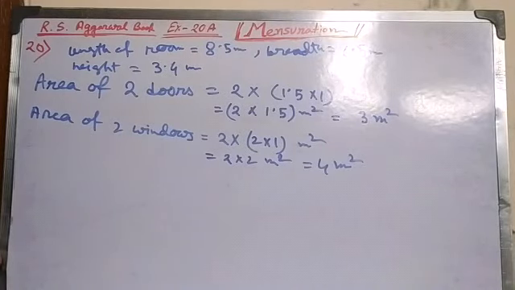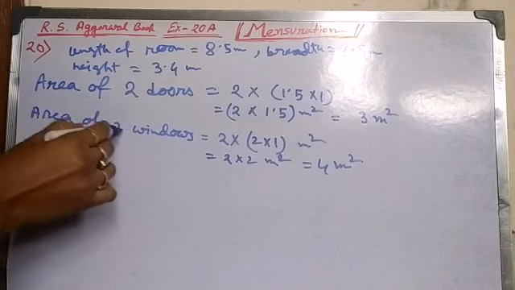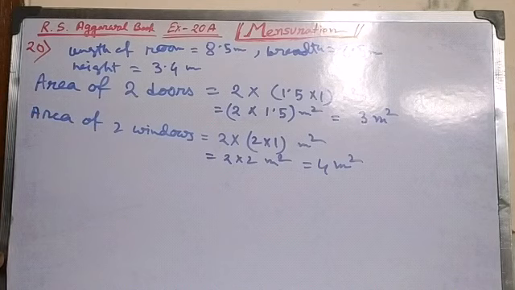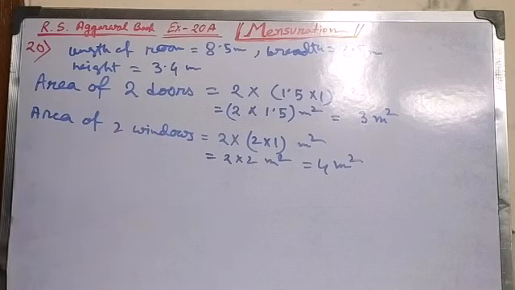Now find the cost of painting its 4 walls at rupees 160 per meter square. When we find out the area of the 4 walls, then from the area of 4 walls, the 2 doors area and 2 windows area will be deducted, because that is the empty space. That door space and window space is empty.